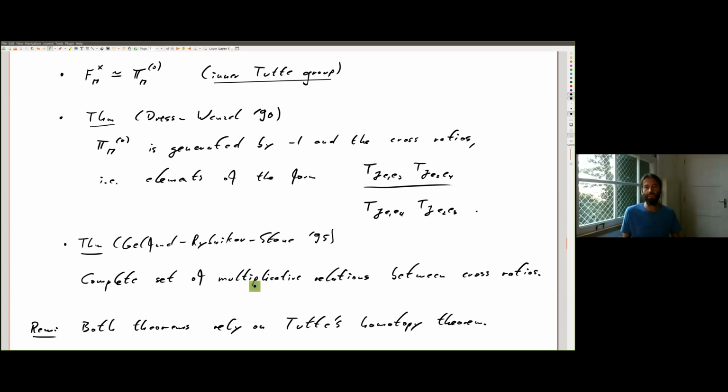So when Matt and I derive certain statements very easily from our results, be reminded these results rely on Tutte's homotopy theorem and on these two theorems, which are all three of them quite complicated statements. I don't know if it's justified to say deep. I would say yes, but there's a lot of work going into that.